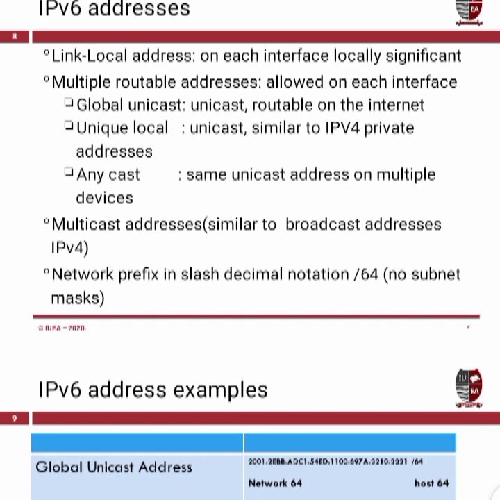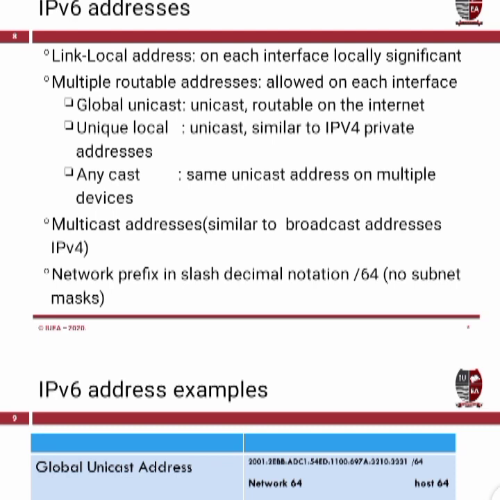Link local addresses are on each interface, locally significant. Multiple addresses can exist on each interface. Global unicast is routable on the internet.